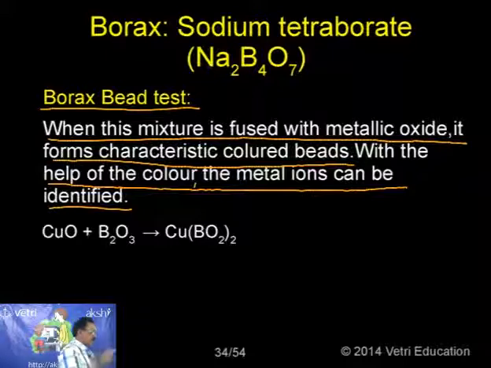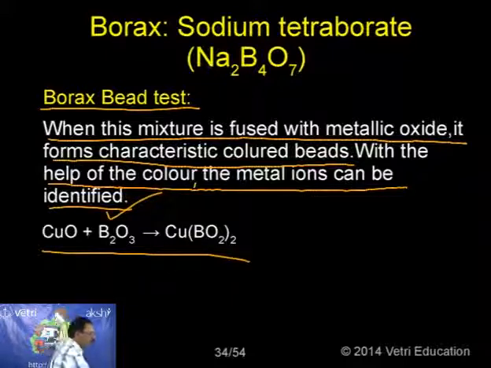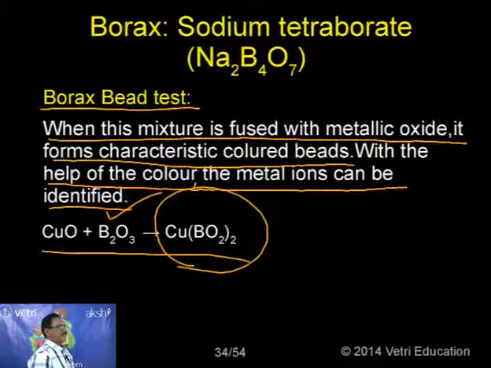From the color noted in the oxidizing flame or reducing flame, the metal ion can be identified. A specific example: copper oxide reacts with B2O3 to form Cu(BO2)2.